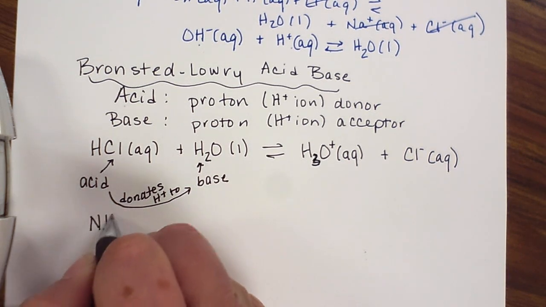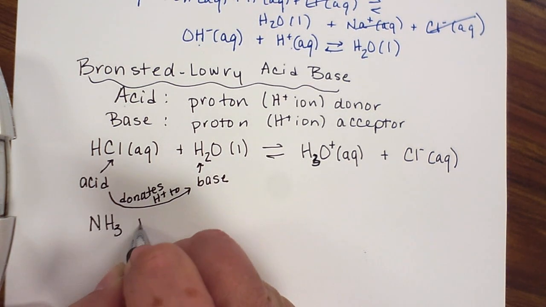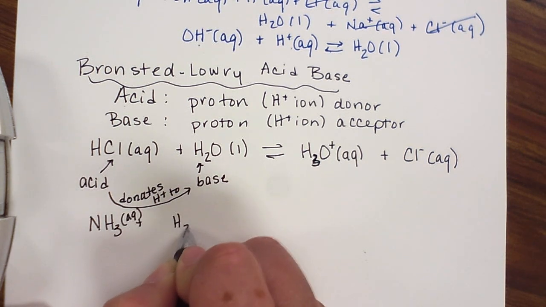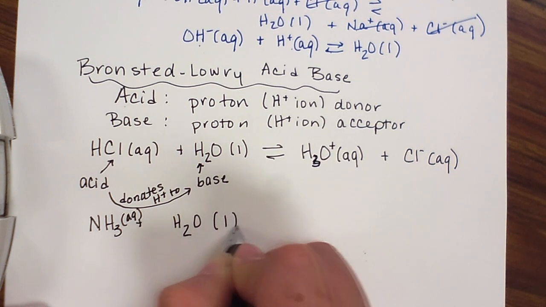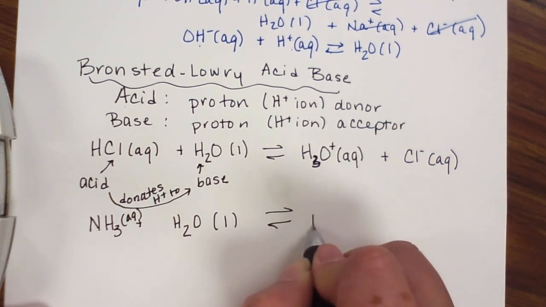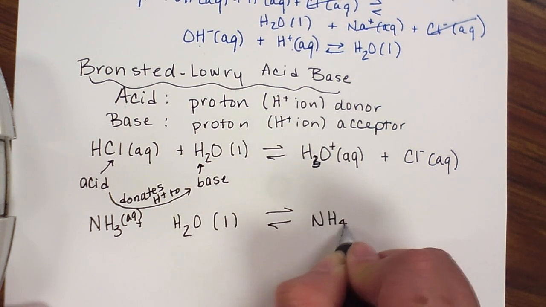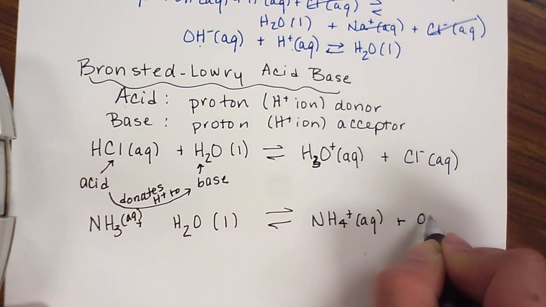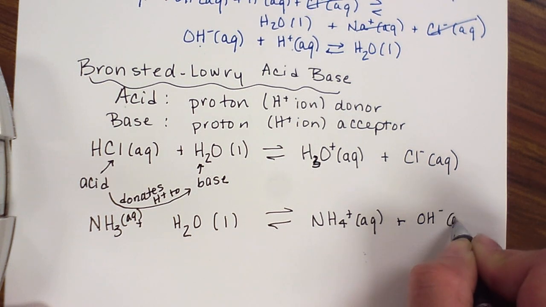And so we can look at others where we can look at a base. So here's an NH3 (aq), plus water, which is liquid. And on the other side of this equation, we get NH4+ (aq) plus OH- (aq). Uh-oh.